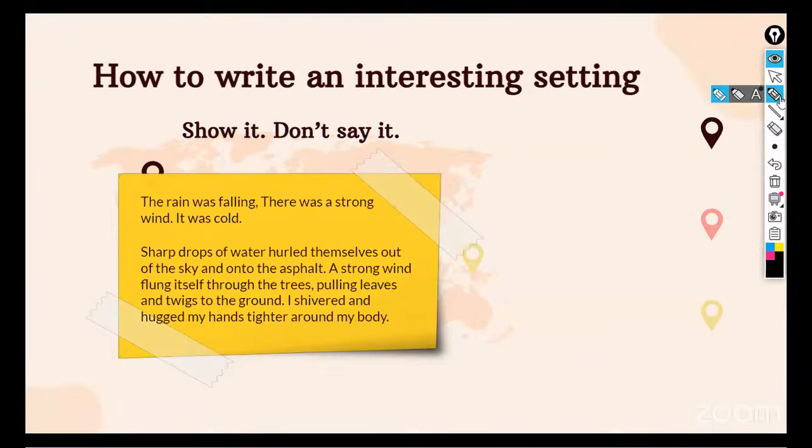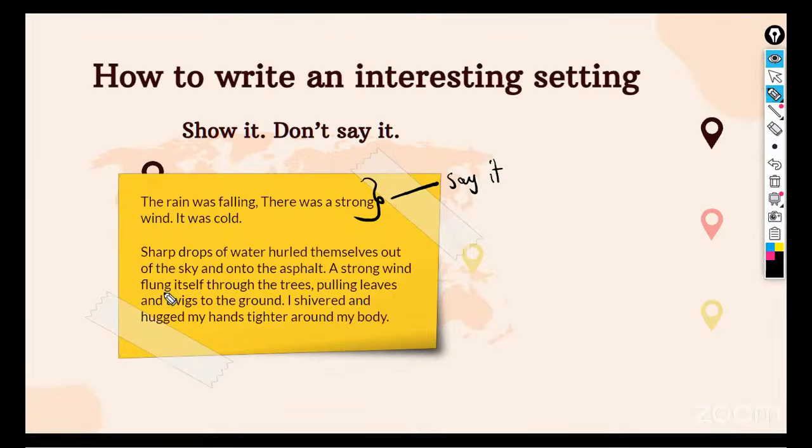Okay, so the first piece here, this is an example of saying it. The rain was falling, there was a strong wind, it was cold. It's okay, but better is if we say sharp drops of water hurl themselves out of the sky and onto the asphalt. So this tells us rain was falling.